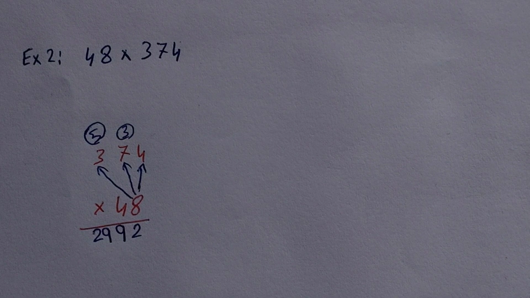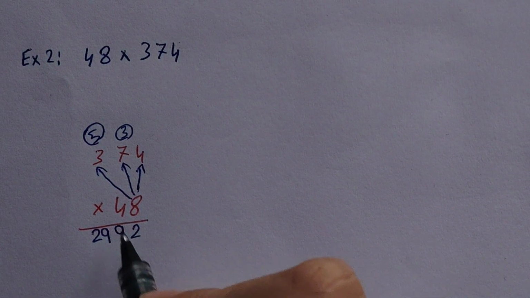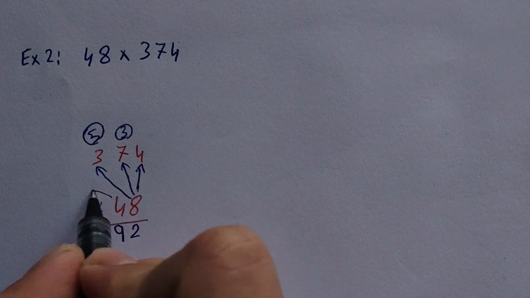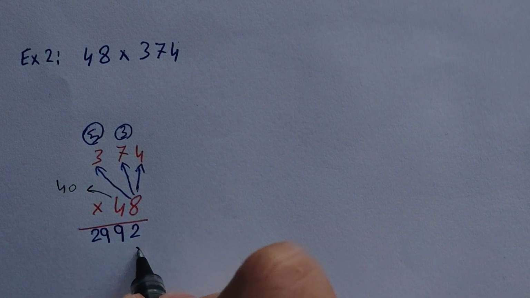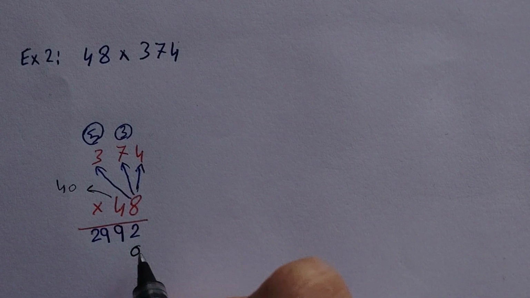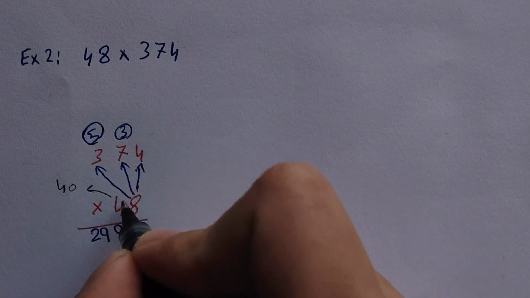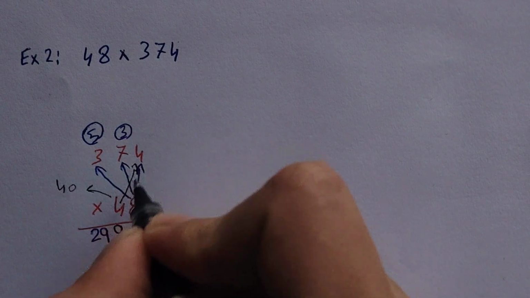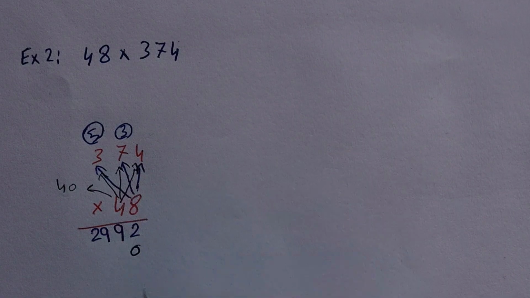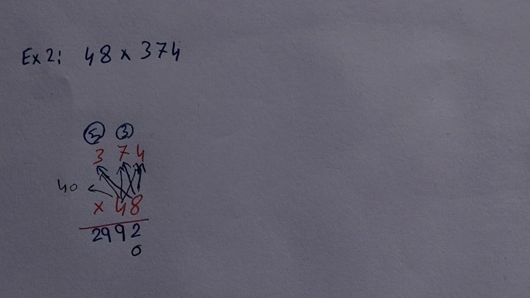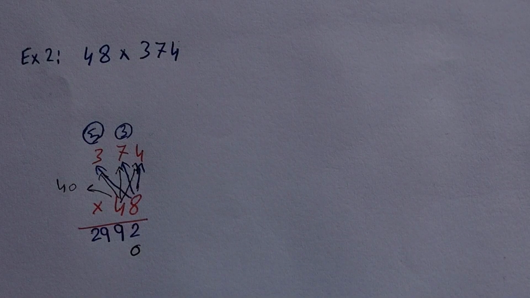Okay, we multiply the ones. Now we multiply the tens. But before multiplying the tens, remember the value of the 4 is 40. So we add a 0 for that. Then we multiply the 4 to all of them again. 4 times 4, 16.